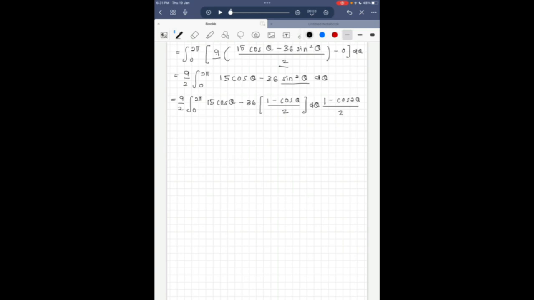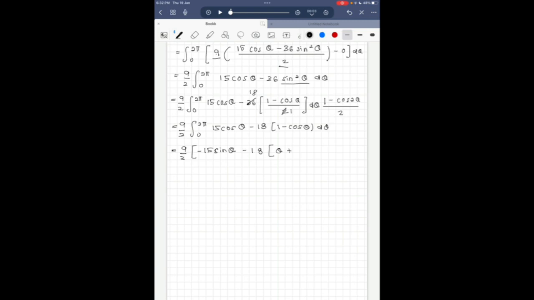To make it easier, we can multiply 36 and 2, which gives 18. So we have 9 over 2, from 0 to 2 pi, of 15 cos theta, minus 18 times 1 minus cos 2 theta, d theta. Then integrate d theta. The integral of cos is sin, so we get 15 sin theta minus 18 times theta.